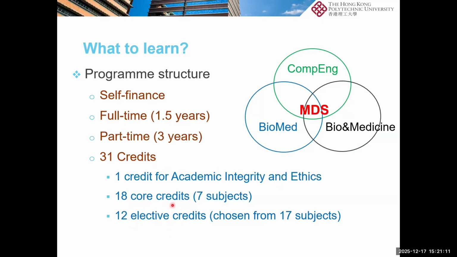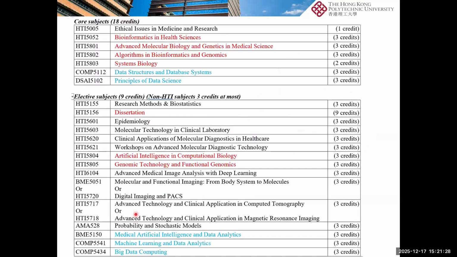On top of the core subjects, they need to choose 12 credits of electives. At PolyU, we usually have 3 credits per subject, so it is equivalent to 4 elective subjects here. And here shows you the curriculum.